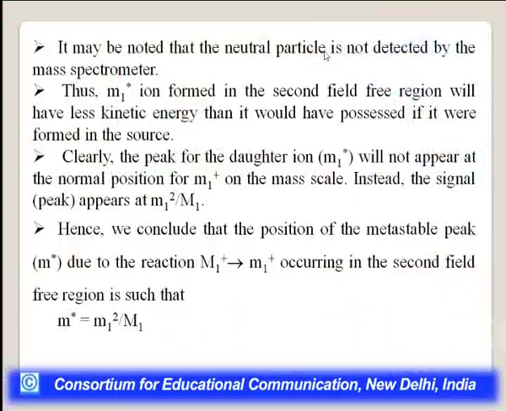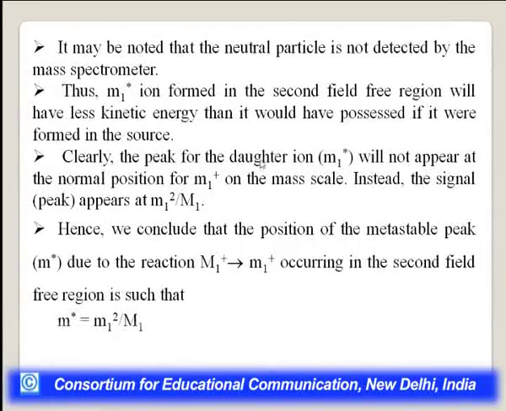It may be noted that the neutral particles, as we have repeatedly said, are not detected by the mass spectrometer. Thus m star, the metastable ion formed in the second field free region, will have less kinetic energy than it would possess if it were formed in the source, that is the first field free region.